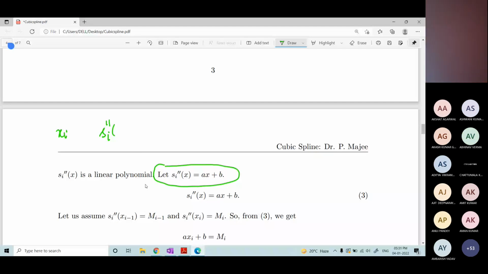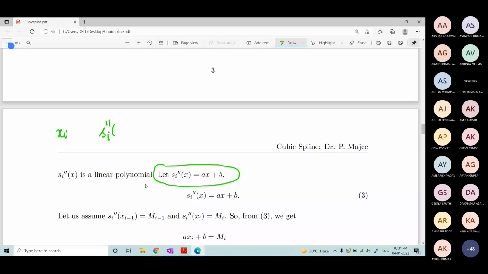You put x equals xi, then si double dash of xi will be mi, and si double dash of xi minus 1 will be mi minus 1. From these two equations, you solve for a and b. These values of a and b are given by this. Once you get a and b, substitute in equation number 3 for the double derivative, and you will get si double dash x something like this.